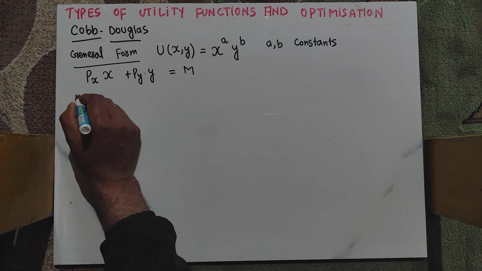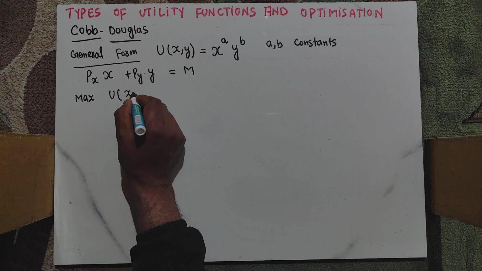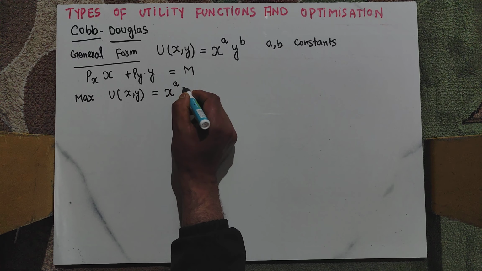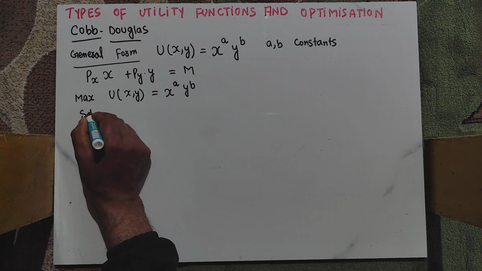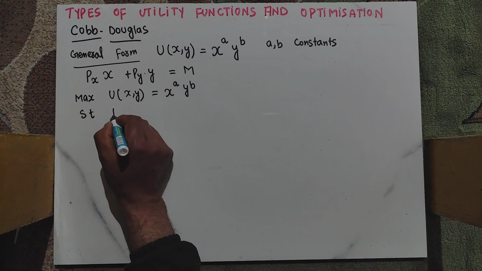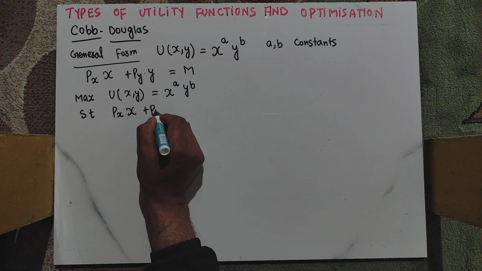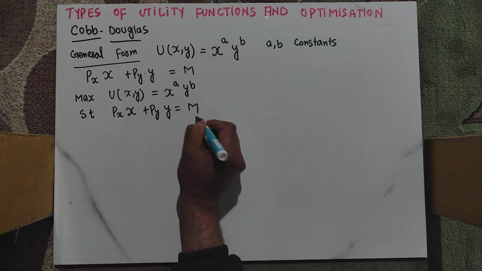So the consumer will try to maximize his utility derived from the goods x and y, which is equal to x to the power a times y to the power b, and he will face some constraint such that price of x times units of good x plus price of y times units of good y should be equal to the income of the consumer.